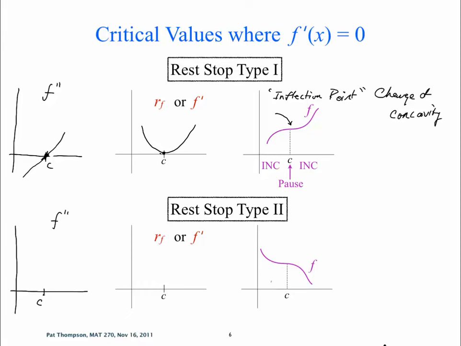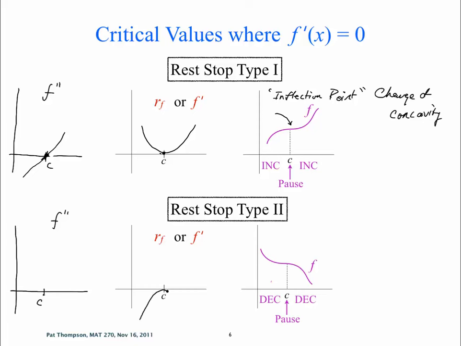First it's decreasing, then pause, then decrease. That's a type 2 rest stop. Rate of change. So rate of change, tell me. Negative, 0, negative.